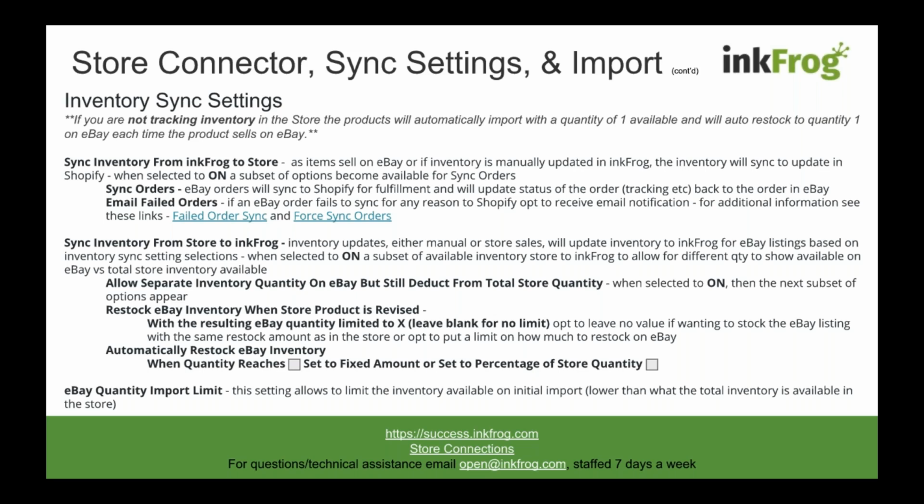So when the eBay listing hits say 2 available, the system will check with the store that's connected to see what the total quantity is that's available in the store. And if, using this example, the quantity available is 10 or more, then the eBay listing will automatically restock itself to show 10 available.